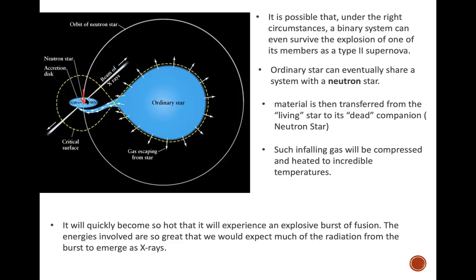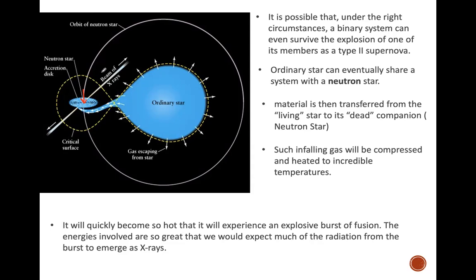Now, what can happen is, due to this infalling gas from the ordinary star, the gas will be compressed and can be heated to very high temperatures. It will quickly become hot, and then you will have an explosive burst there, right? This will actually emit X-rays.